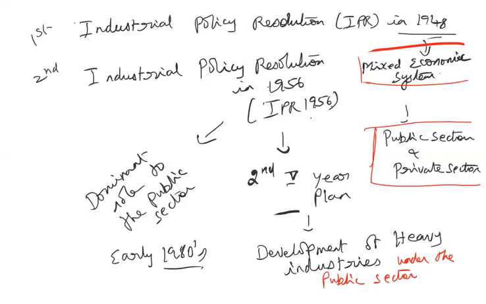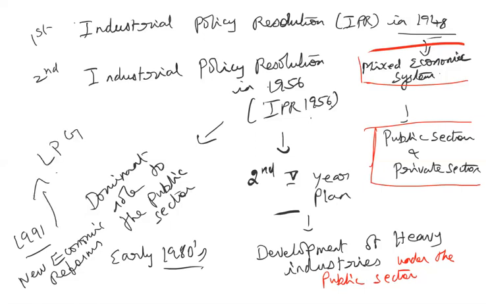So in 1991, the government announced the new economic reforms. The new economic reforms gave the LPG model of growth, that is liberalization, privatization, and globalization. Slowly, one by one, the public sector was handed over to the private sector through the process of disinvestment.